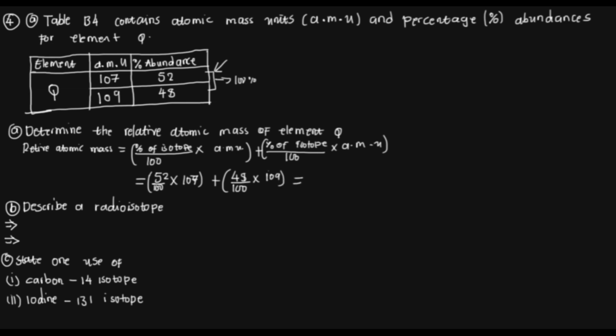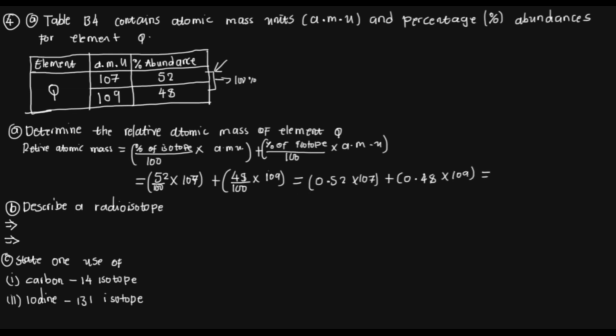So 52 divided by 100 is 0.52 times 107 plus 0.48 times 109.